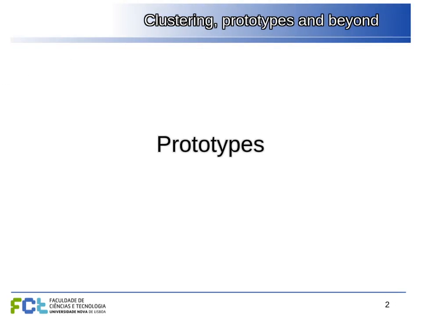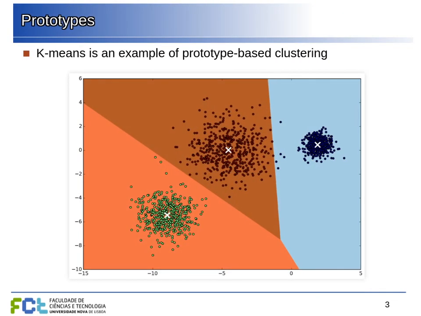So first, let's recall what we saw in the previous lecture when we used k-means. Remember that k-means determines the membership of each example to a cluster by looking at the closest centroid. And these centroids are prototypes that represent each cluster. So in this figure here, we can see the centroids marked with the crosses.